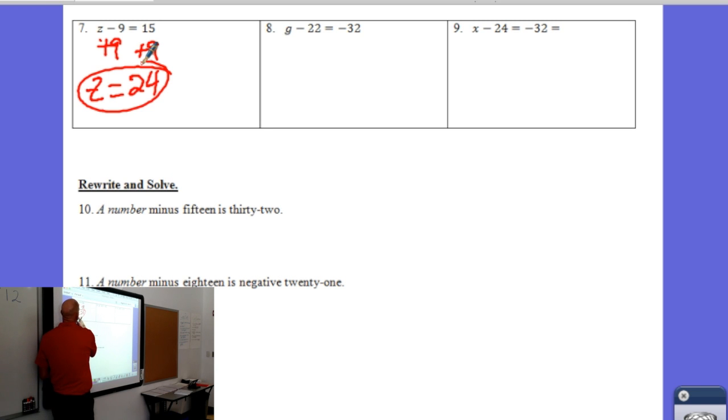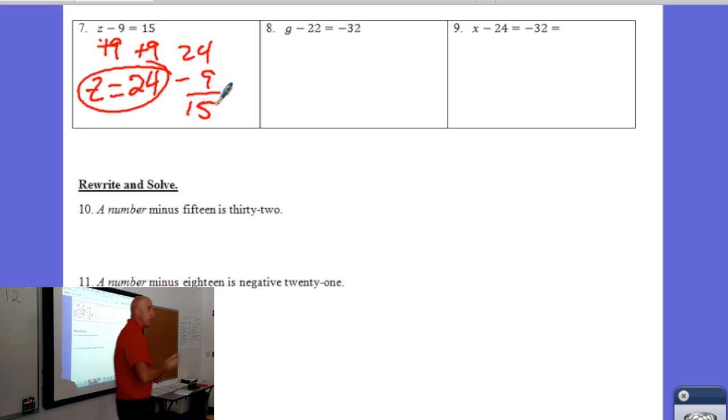You could also put this back into the equation, which you are subtracting, like you said. 24 minus 9 is 15. Or 24 minus 15 is 9 as well. As long as you go back and take that 10 to 15 seconds to check your answer on your calculator, you're golden, right? All right, number 8.